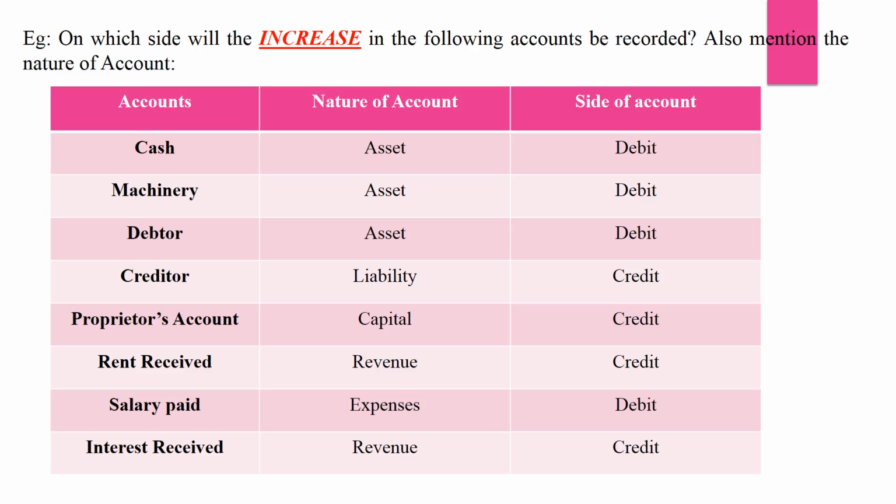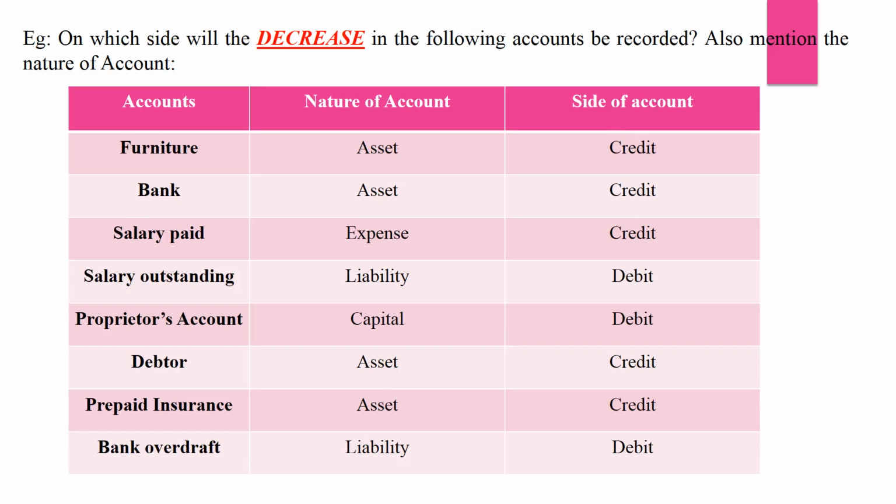Next is your interest received. Interest received is a revenue for the firm, so nature of account is revenue, and increase in revenue will be recorded on the credit side of the revenue account. Okay, now next example: on which side will the decrease in the following accounts be recorded? Also mention the nature of the account.